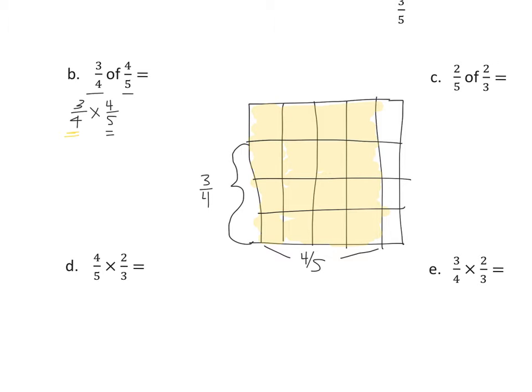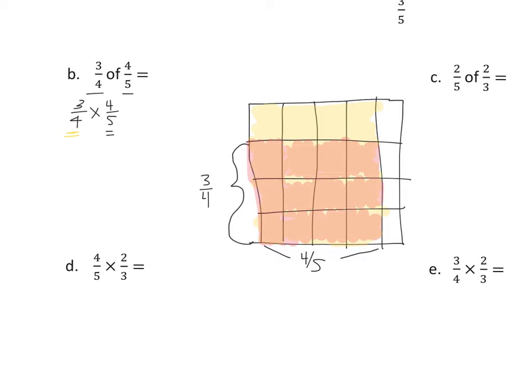And so whatever we have shaded in the 3/4, we're going to double shade. I'll go ahead and do it in red. We're going to double shade the first row, the second row, and the third row. So whatever is double shaded is our answer.